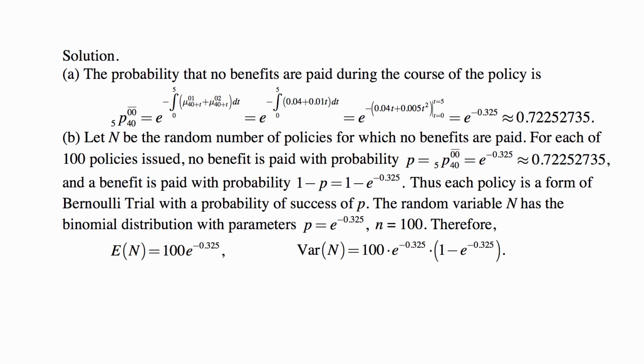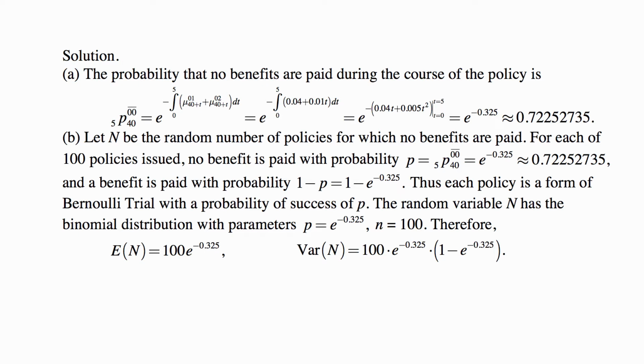Well, so what is that probability? Any probability like this where the person remains in a given state for a period of time is always calculated as e to the minus integral of the total force of transition out of that state, which is the sum of all the forces of transition that can take the person out of the state.